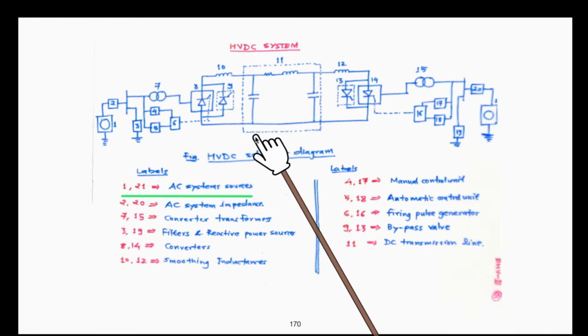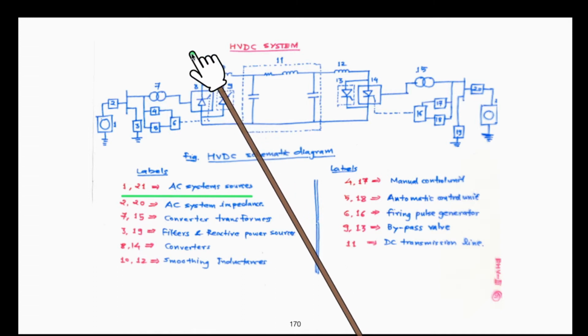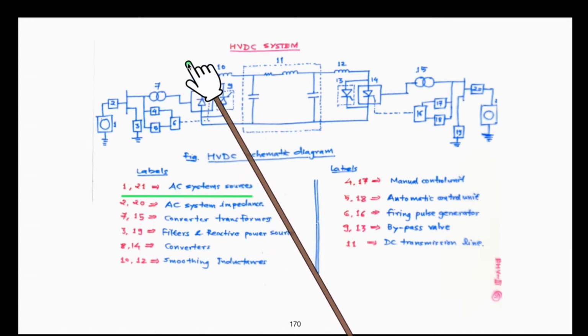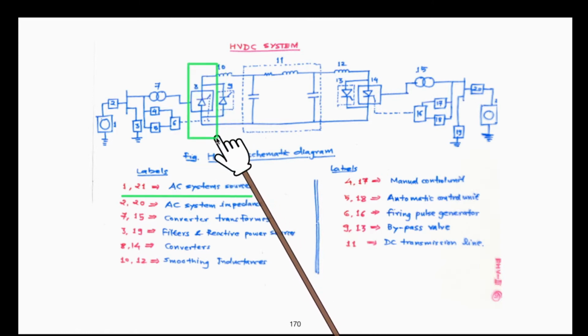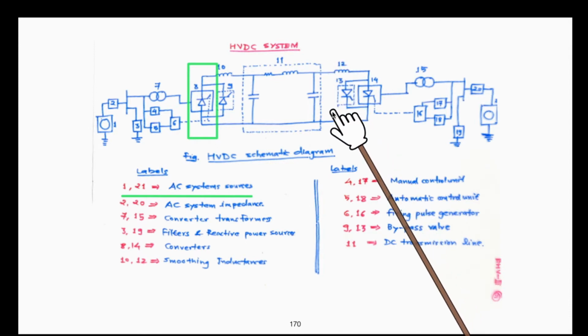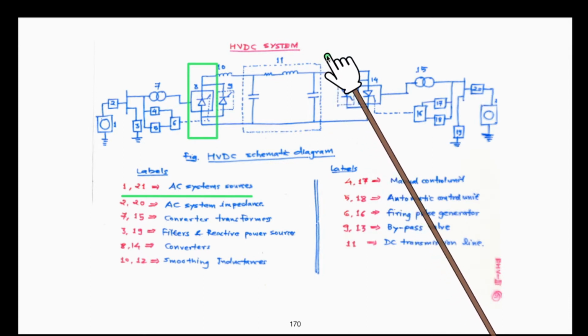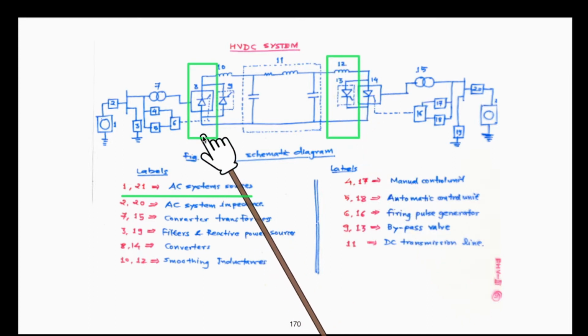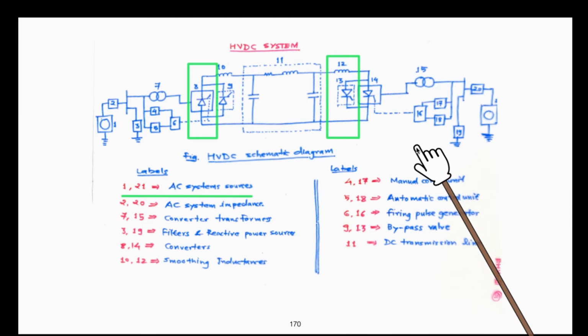Mainly you have to realize that this particular area is a converter, that is a rectifier, okay, and then the other side, that is the inverter side, okay, this is the inverter. Rectifier and then inverter, right?